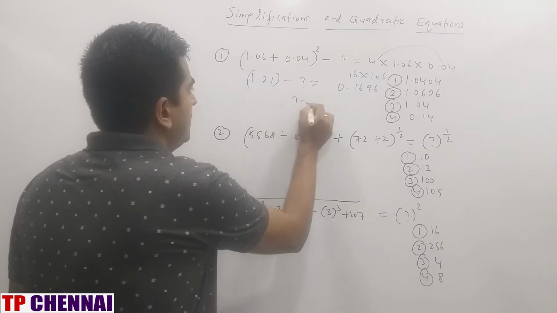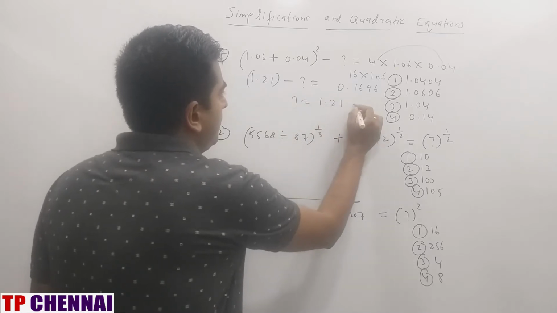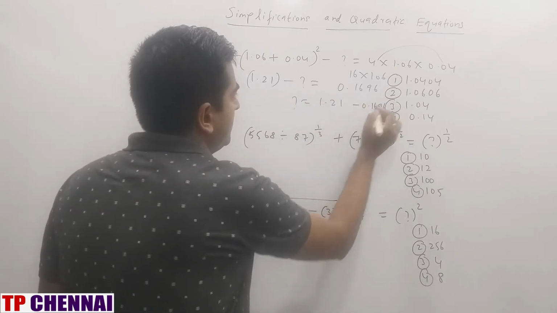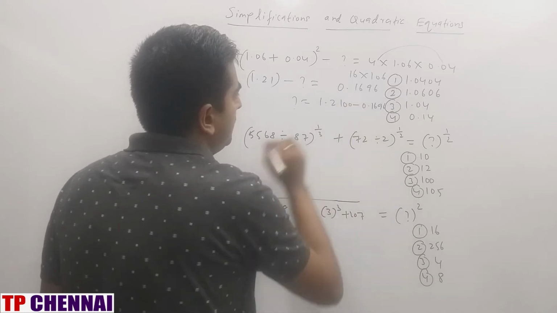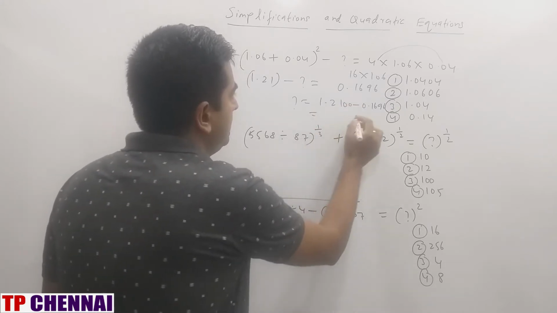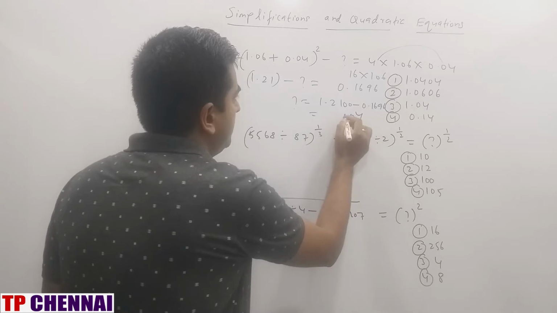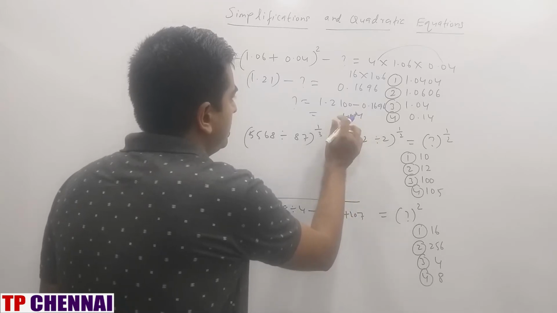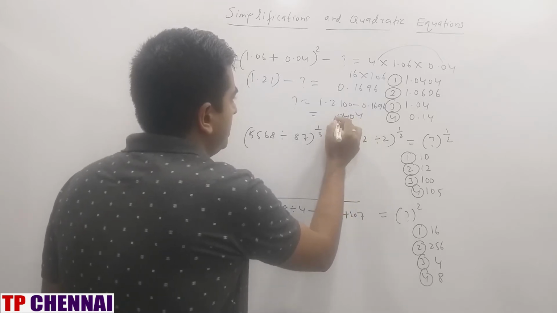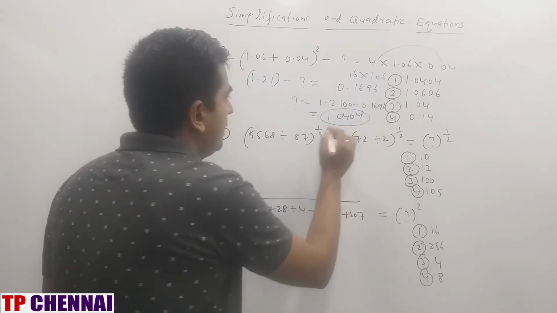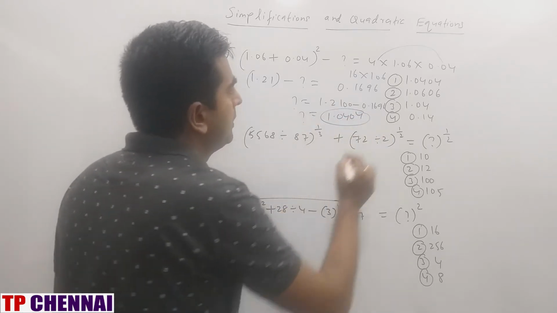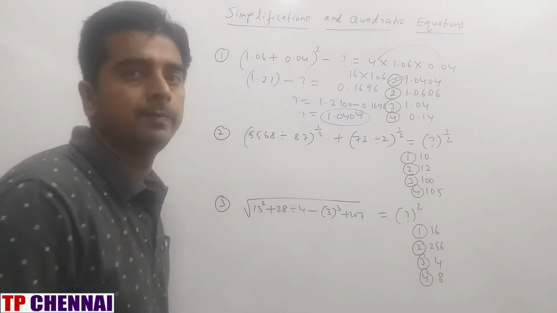So question mark is equal to 1.21 minus 0.1696. Add 40 here, 20. So what is the answer? This is 4, this is 0, this is 4, this is again 0, this is 1. 1.0404 is the answer, which is nothing but first option.